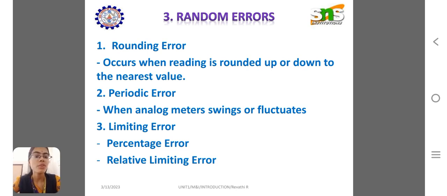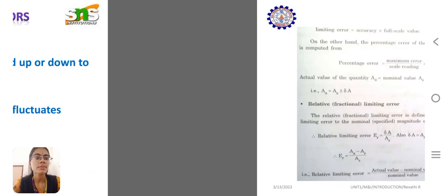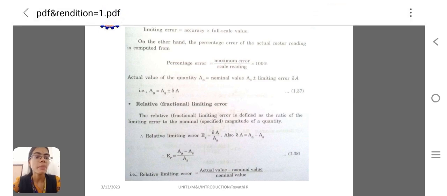There are two types of limiting errors. Limiting error is defined as accuracy multiplied by full scale value. On the other hand, the percentage error of the actual meter reading is computed as: percentage error equals maximum error divided by scale reading, multiplied by 100 percent. The actual value of the quantity A is equal to the nominal value plus or minus the limiting error.